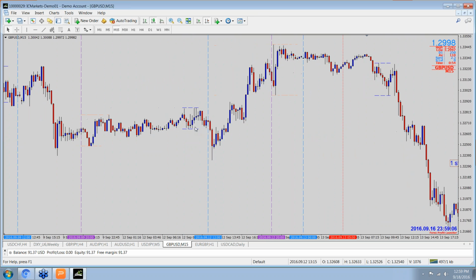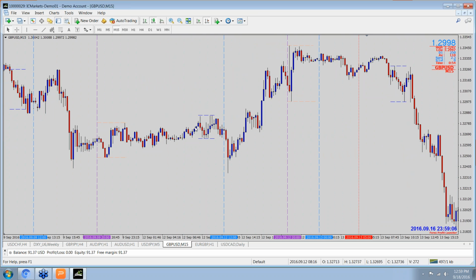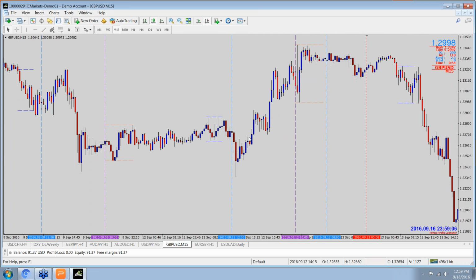All right, let's look at another example here. What do we got? As I've said, some days you're going to have up days, some days you're going to have low days. And this isn't a guaranteed strategy, right? This is just something where we're looking for the most amount of probability.